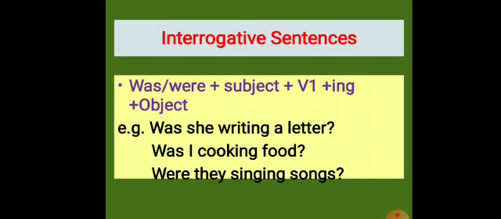And then the first form of the verb plus ing and the object. So examples are, was she writing a letter, was I cooking food. And one thing is important: put a question mark in interrogative sentences. Always put a question mark.